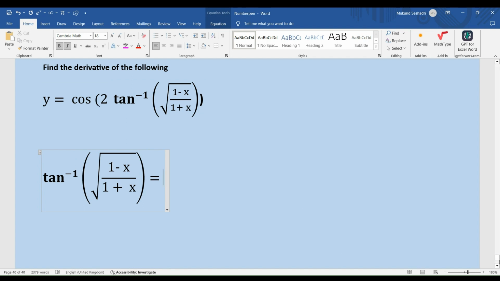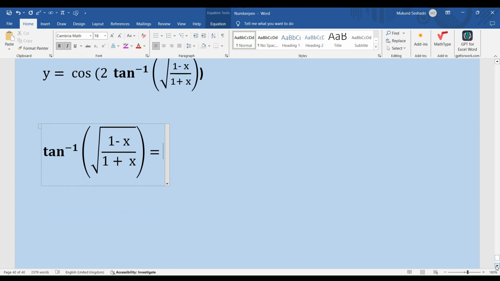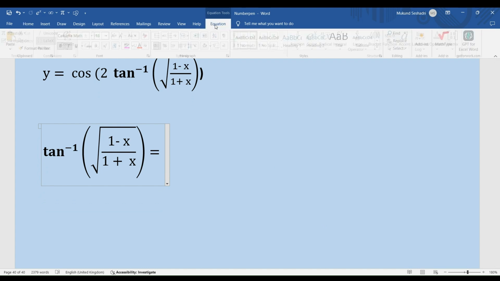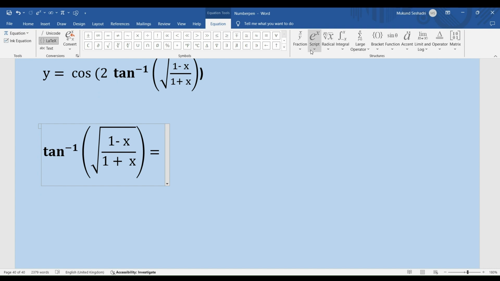I'm drawing your attention to one of the earlier videos where we solved for square root of (1 minus cos x) divided by (1 plus cos x), right? And if you haven't taken a look at that particular video, I'll put a link to that video in the description and kindly take a look at it.